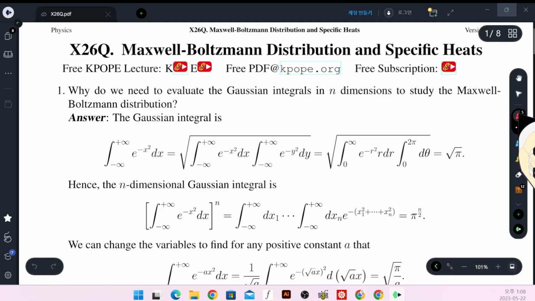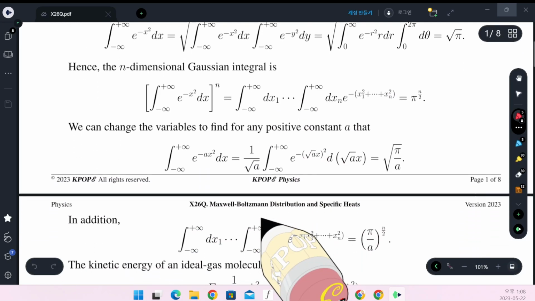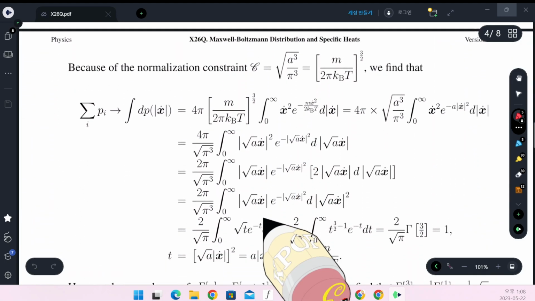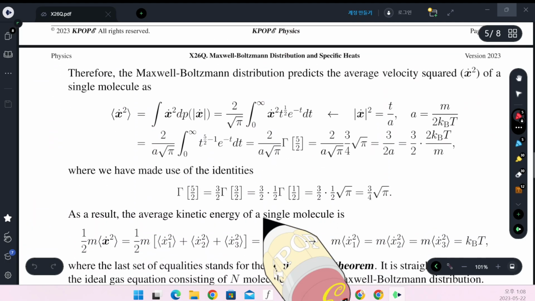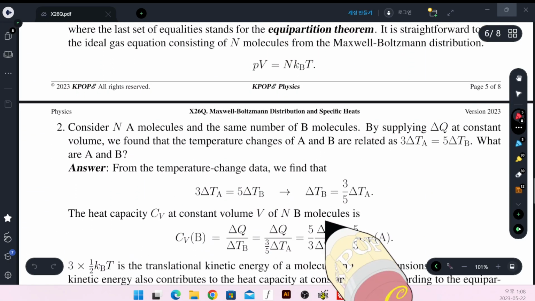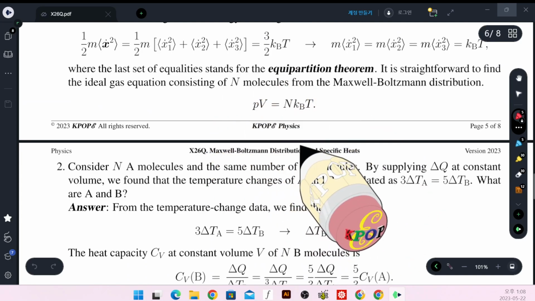We need to evaluate this to evaluate the probability of finding a molecule with a certain velocity in the phase space and the average value of the kinetic energy, from which we can derive the ideal gas equation.